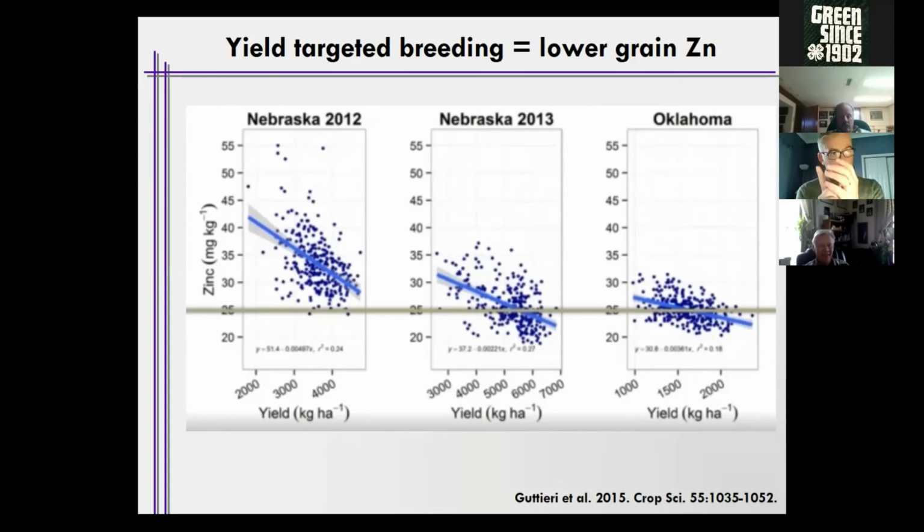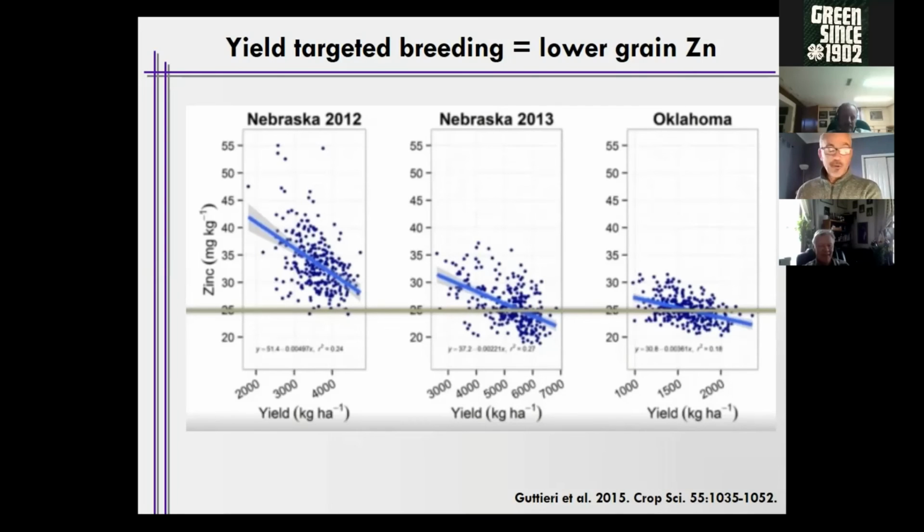So if you go from a small kernel over time to a larger kernel or more kernels, you have more of those proteins that are within the kernel itself. But the size of the pericarp doesn't really change that much over time, and thus we see this decrease. You may not see a perceived zinc deficiency, but we can sometimes pick it up in our grain.